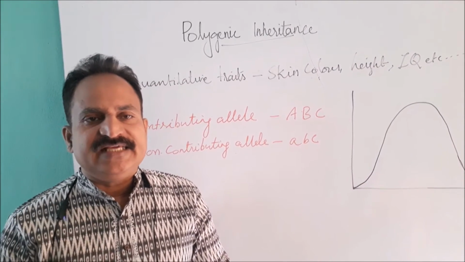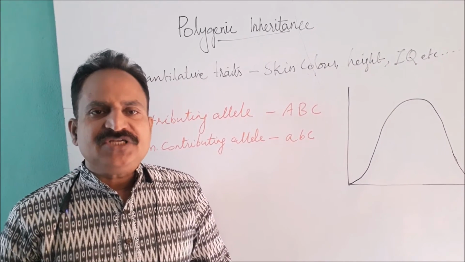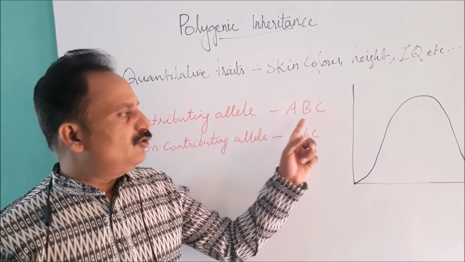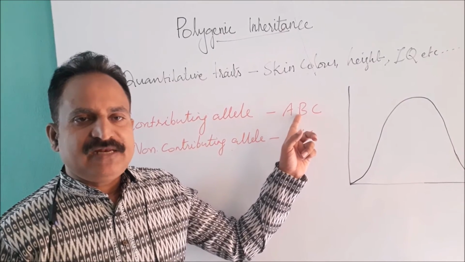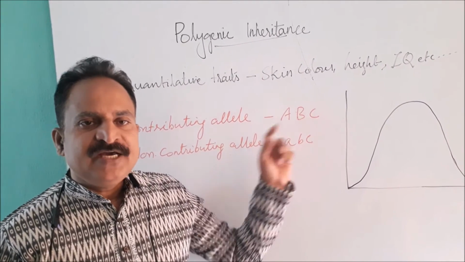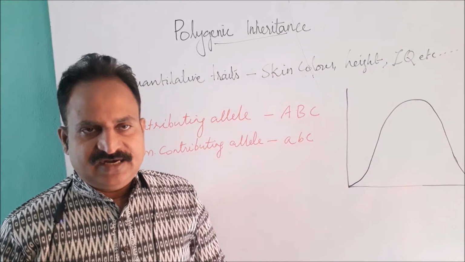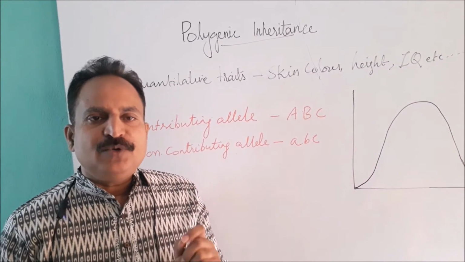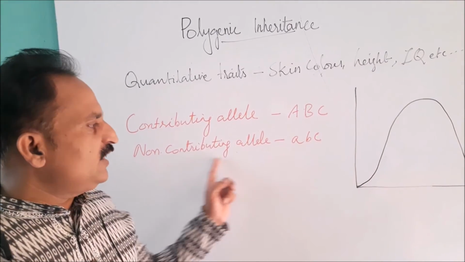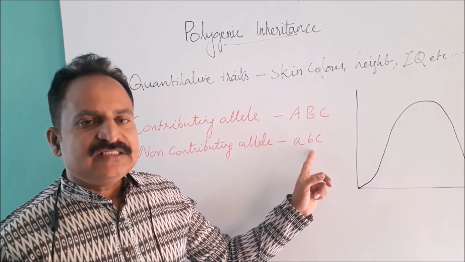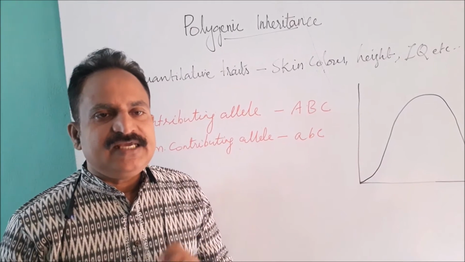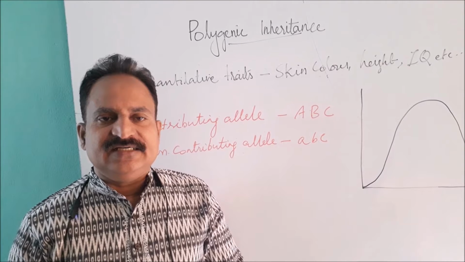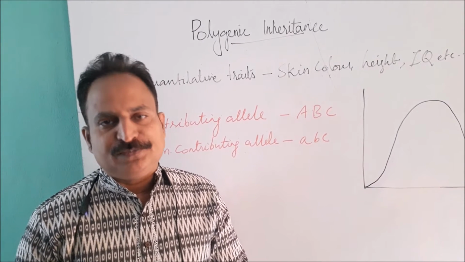Using a hypothetical example where the production of melanin is controlled by contributing alleles denoted by capital A, capital B and capital C, resulting in dark skin color, and light skin color or albino produced by non-contributing alleles like small a, small b and small c. It is possible to see how a spectrum of different skin colors can result in the offspring.